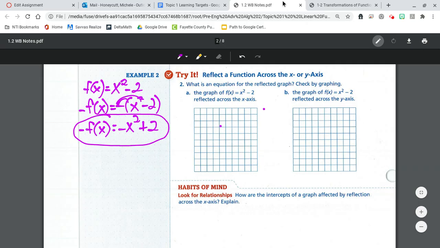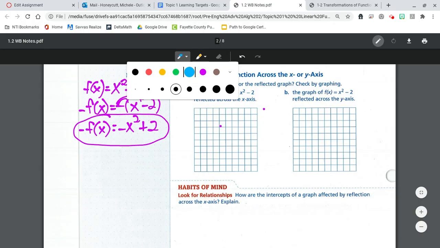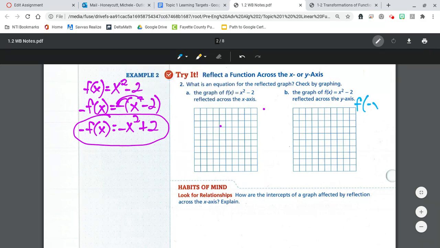Now we need to reflect the graph across the y-axis. So that means I'm just going to put a negative inside the grouping symbol with x. So that means I'll be looking for f of negative x, where you put that negative with just the x. So I don't see any grouping symbols in my original problem, so I'm going to put them with the x, and the squared needs to be on the outside of it.